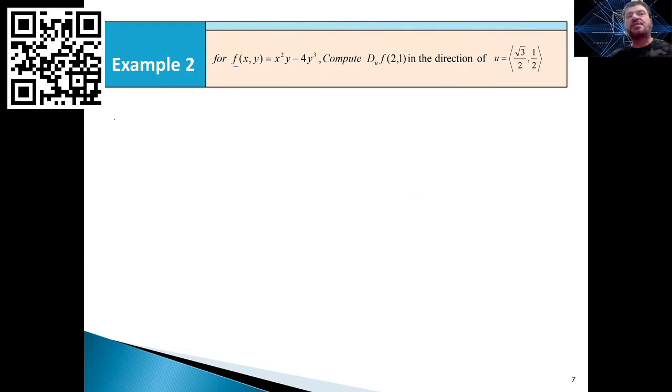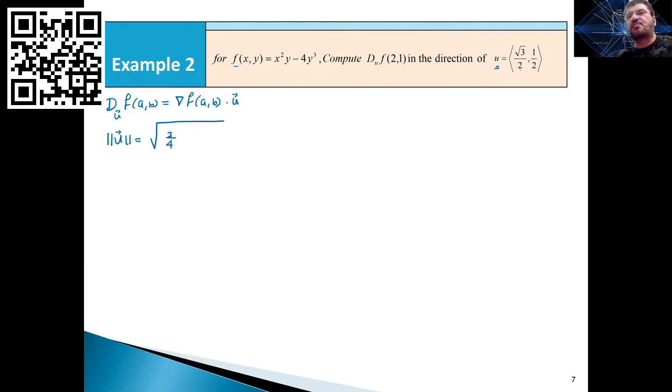The formula says that the directional derivative of the function at any point (a, b) in the direction of u is nothing but the gradient of f at that point dot the vector u.